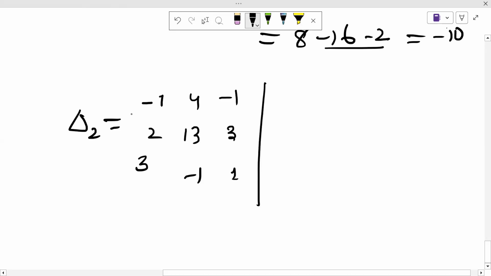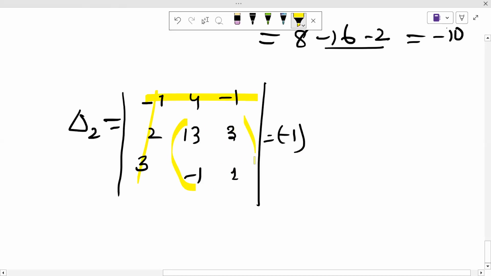So see here, we need to evaluate this value. The first minus 1, that is fixed, and remove this row and column. What is the remaining part? The determinant of this value. So what is the determinant of this function? The 13 into 1 plus 3, 13 plus 3.